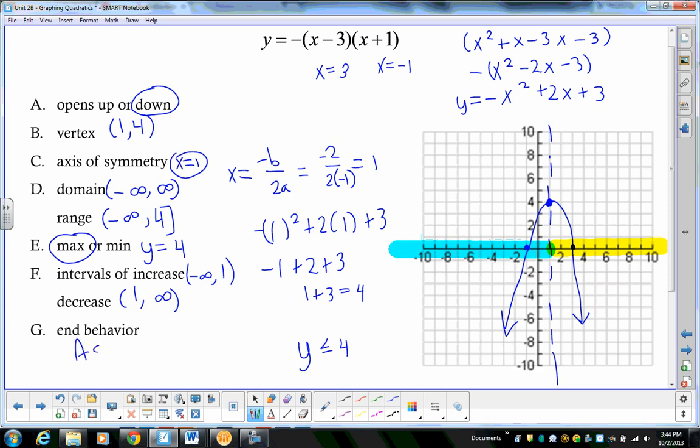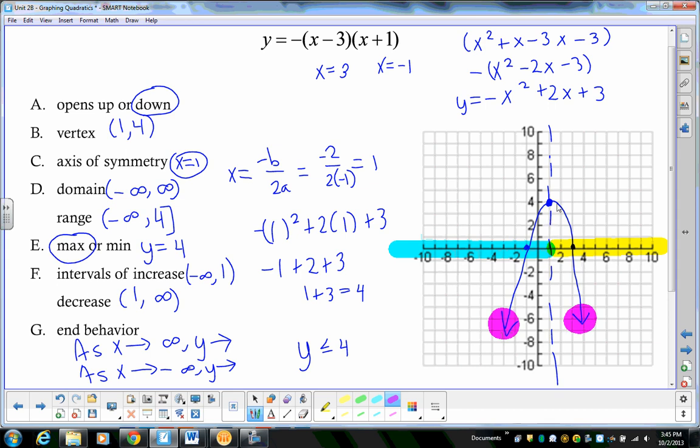We can say as x goes to positive infinity, what happens to y? And as x approaches negative infinity, what is happening to y? Okay, so if we look here, again, we're looking at the x values. When I'm talking about end behavior, I'm talking about the ends of the graph, so you're looking at the arrows.